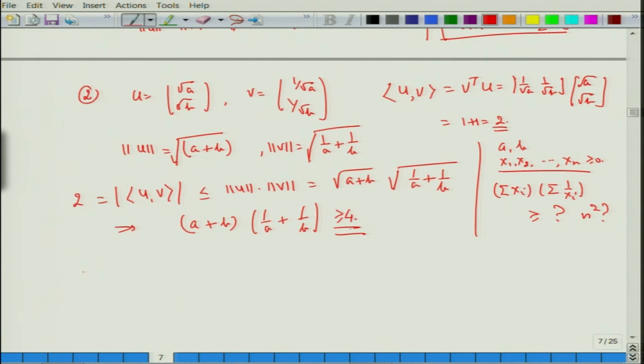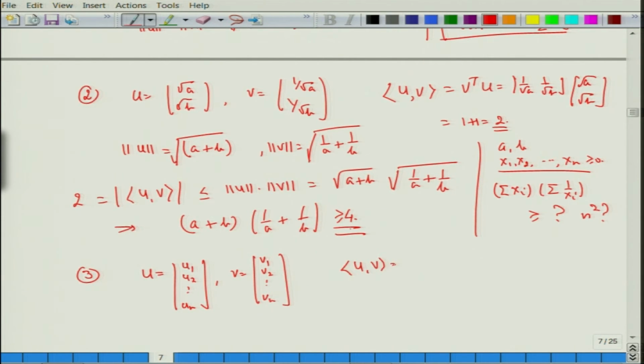Third one that we are going to look at is, suppose you have got U as U1, U2, ..., Un, V as V1, V2, ..., Vn. Again let us look at the standard inner product, we are looking at over Rn itself.